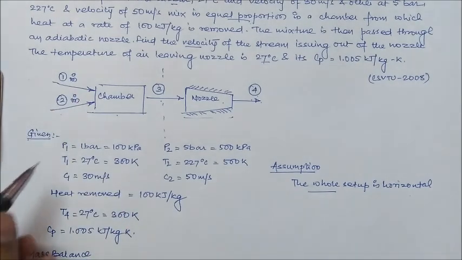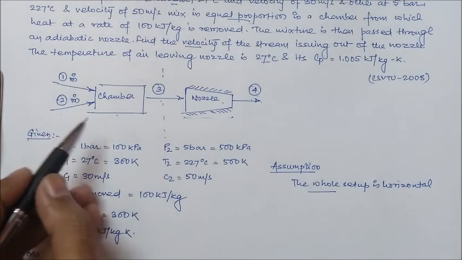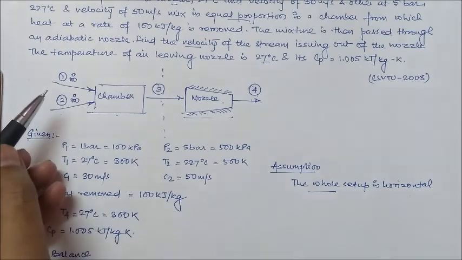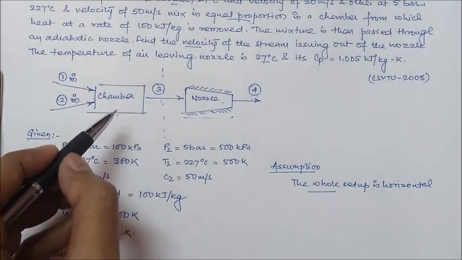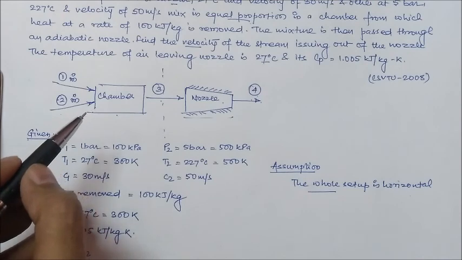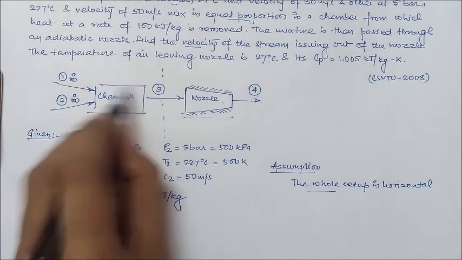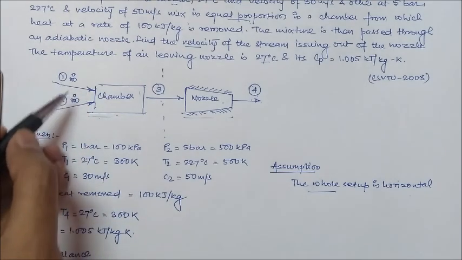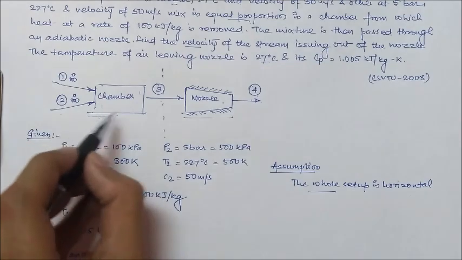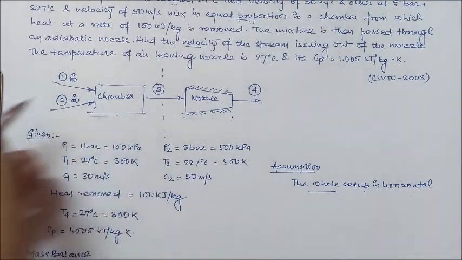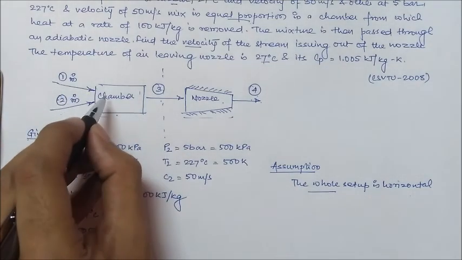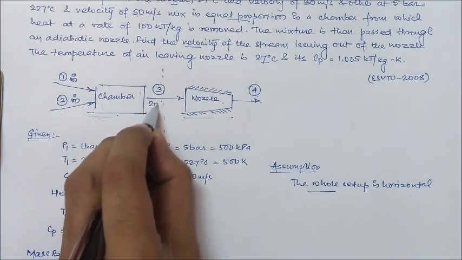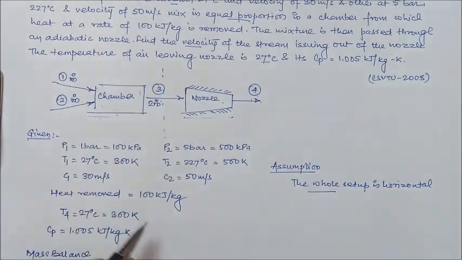Okay. So for steady flow, what we know is that the mass entering the control volume should be equal to the mass leaving the control volume. And if we consider this chamber as a control volume, the mass which is entering is m dot plus m dot. That is, the total mass going inside the chamber is 2m dot. So the mass leaving the chamber will be 2m dot. Right?